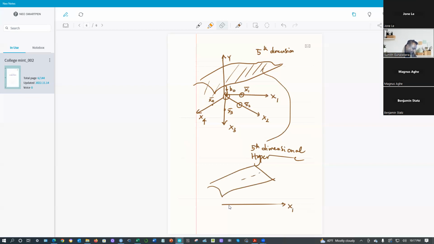This inclination is for B1. In a similar fashion, you can think about X2, X3, X4, X5 like that. Hyperplane.